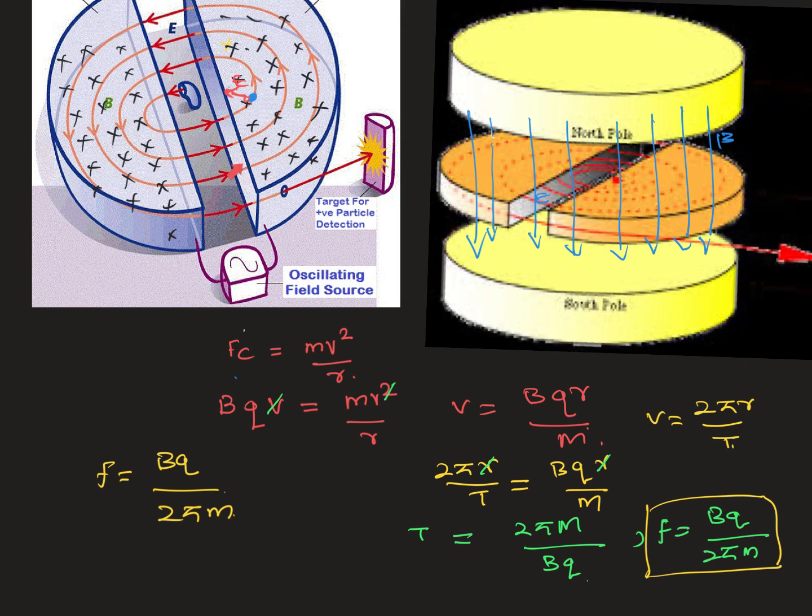So T is the same and the angular velocity is the same, but obviously the velocity is different between these three orbits. And we have an equation for frequency. So let's write this frequency as fc, the circle, and this frequency as fe. So fe should be equal to fc for us to have a successful operation with the cyclotron.